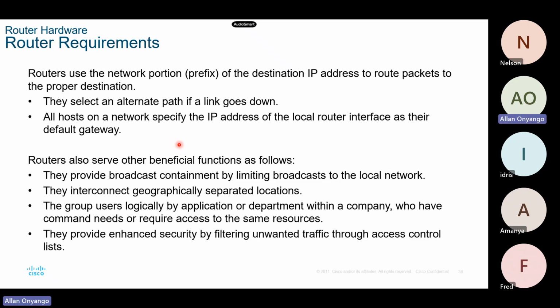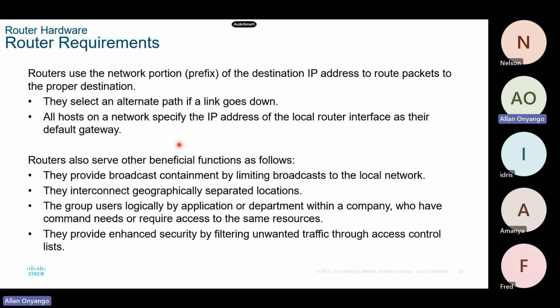Routers provide broadcast containment, like I had mentioned before. Routers do not forward any broadcast from a LAN to another network. Routers interconnect geographically separated locations and make them work as one network.